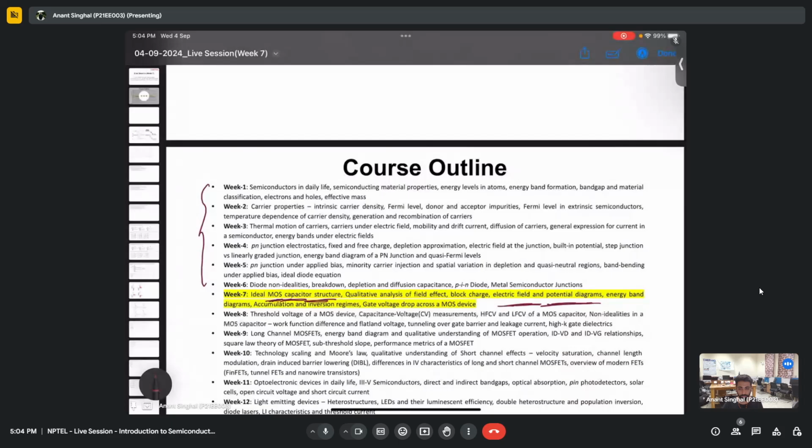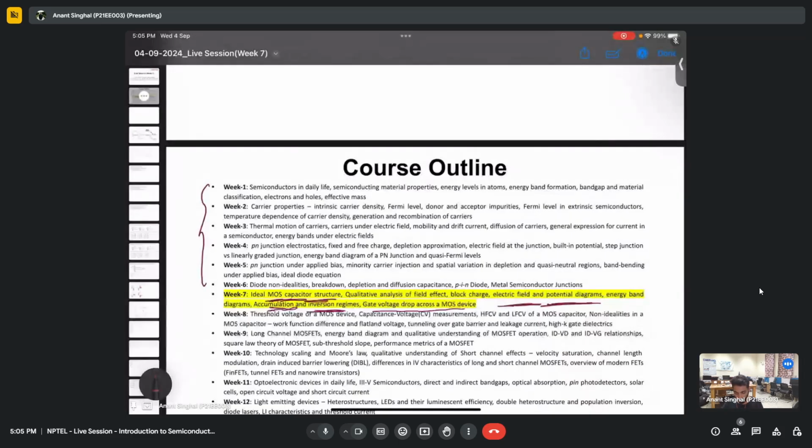So we'll have the contact of three different types of materials: one is a metal, one is an insulator, which is oxide, and last is the semiconductor. Then we'll also be talking about the accumulation region, the inversion region, and the gate voltage drop across a MOS device. We'll be covering each of these topics in this particular lecture.